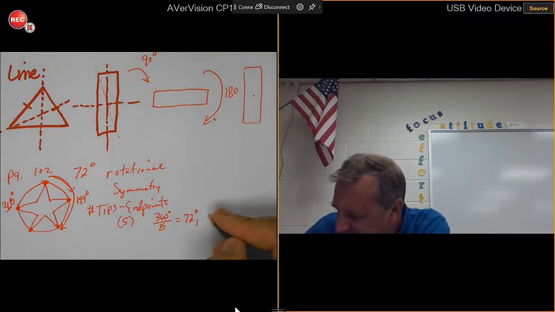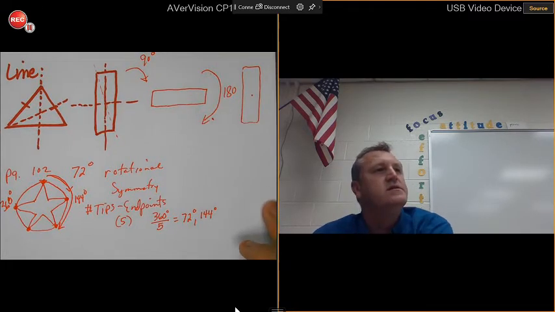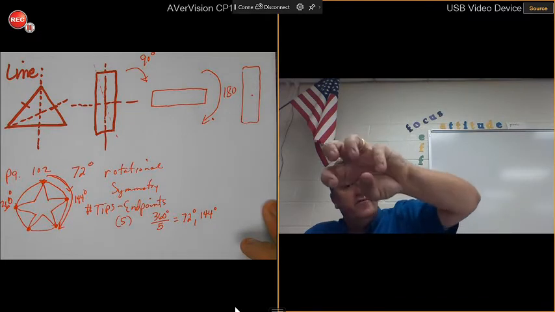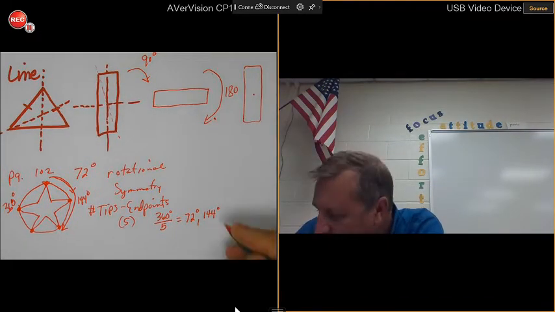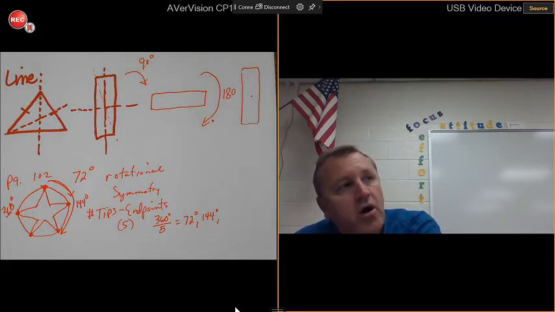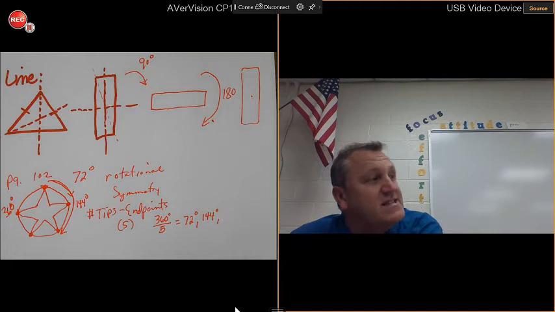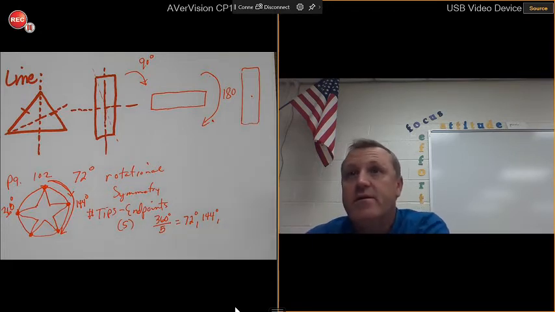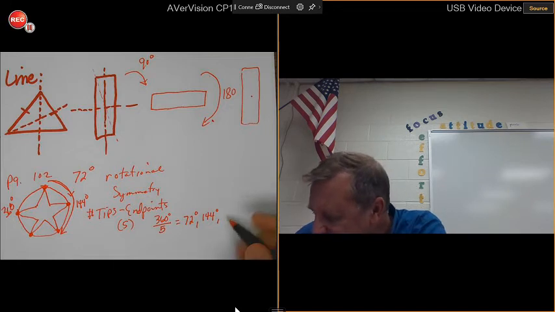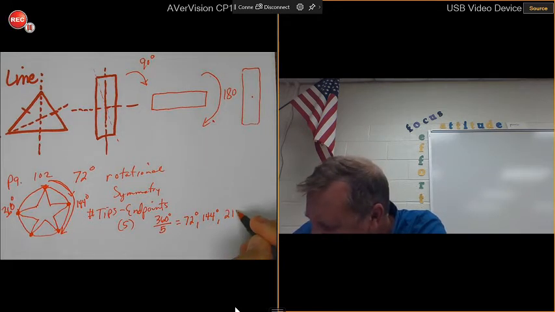So not only 72, but 144 degrees, because I could rotate 144 and put it back in, and it would work again. Usually they want to know the rotational symmetry for everything less than 360. 360 makes sense because that's just all the way around. So if I go another 72, that's 216.